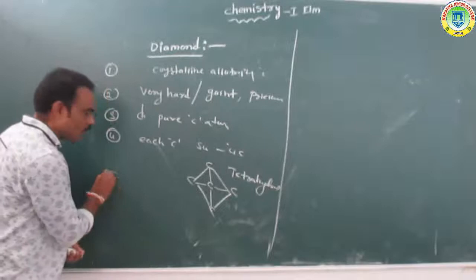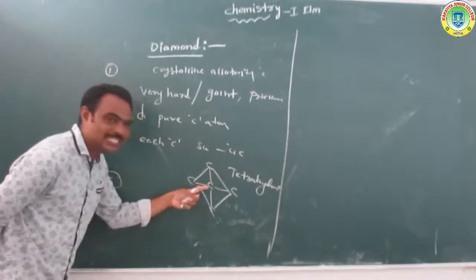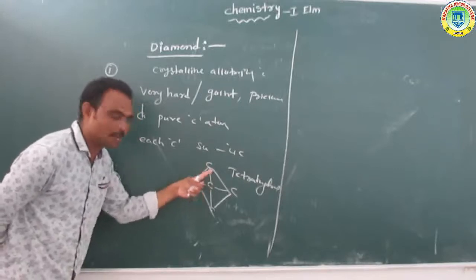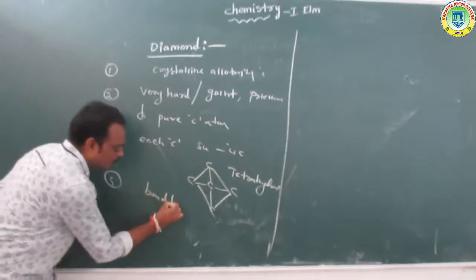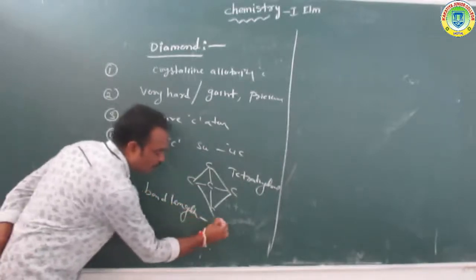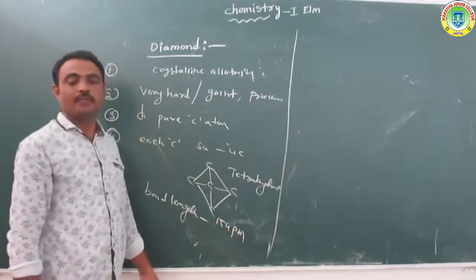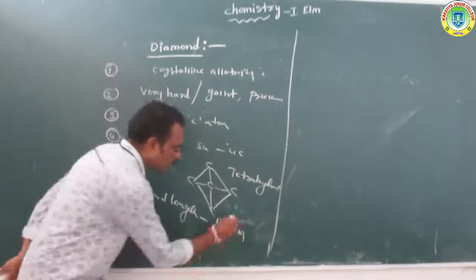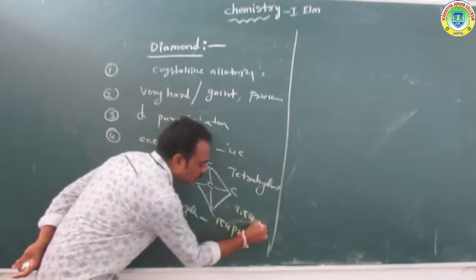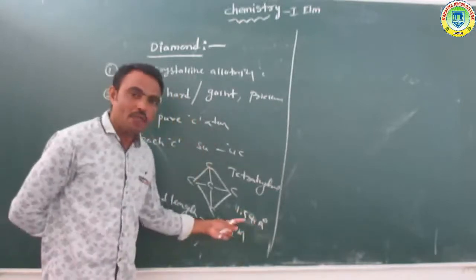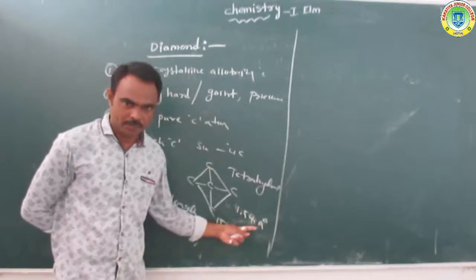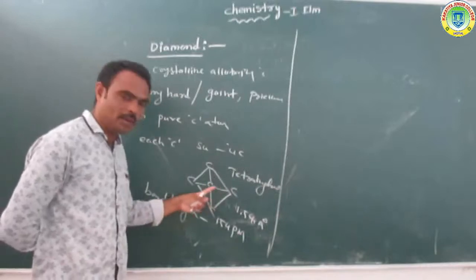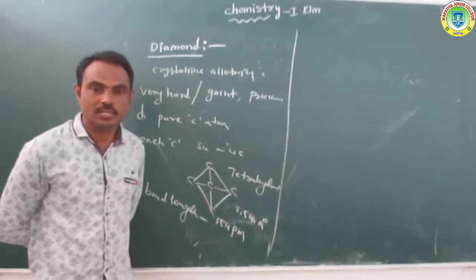Okay. So overall, in this diamond, between carbon and carbon the bond length is 154 pm, that is 1.54 angstrom units. Okay, listen. What is the bond length between carbon and carbon? 1.54 angstrom units.